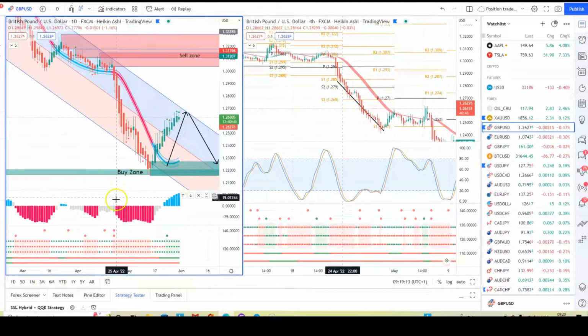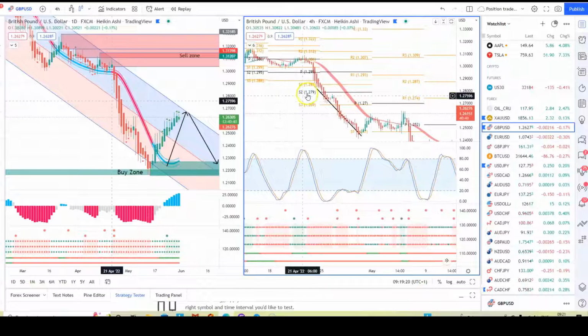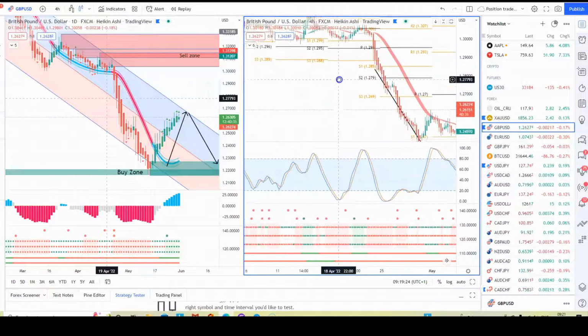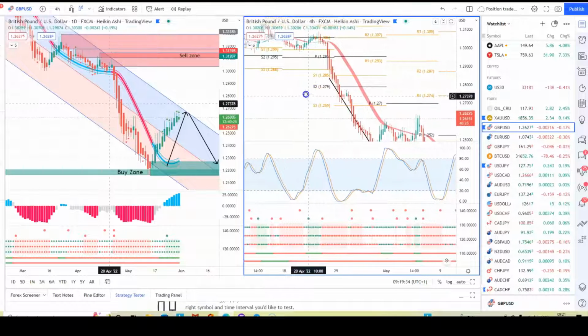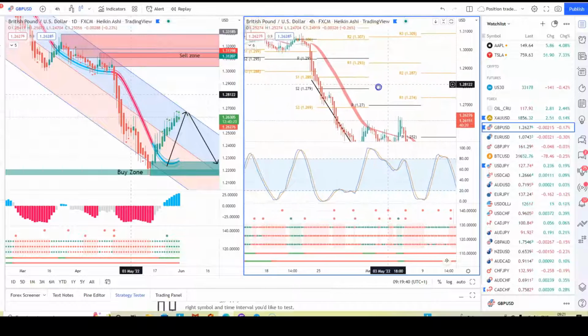You have red, red, red, red. That's the perfect scenario. So this is a continuation of a trend. Here on the 4-hour on your right, if I line this up, red, red, red, red, red, the dashboard is saying sell, sell, sell, sell, sell. So that's the perfect scenario for a carry trade.